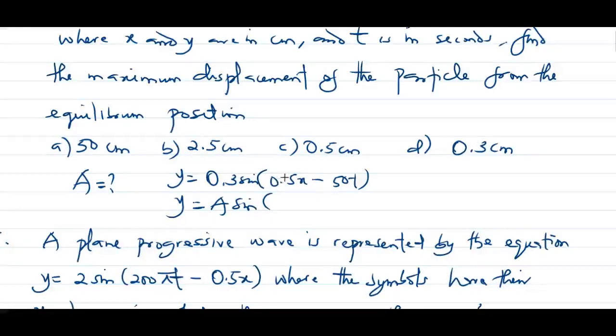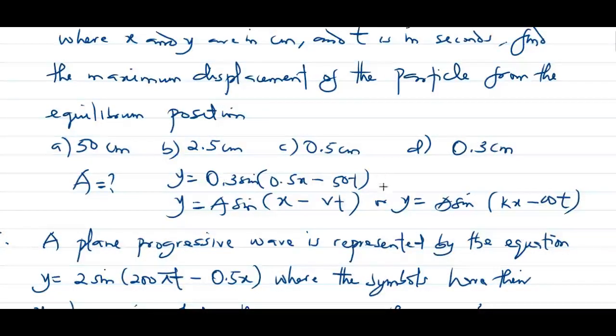Now instead of 0.5x, you can have x minus vt, or y equals a sine kx minus omega t.